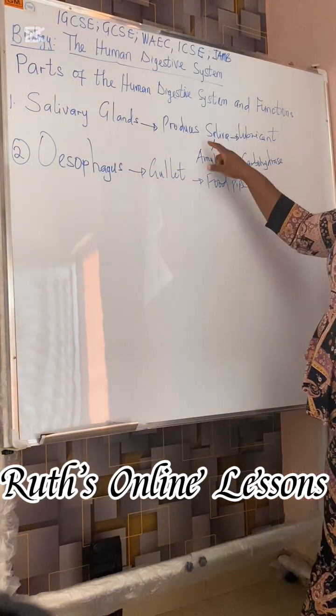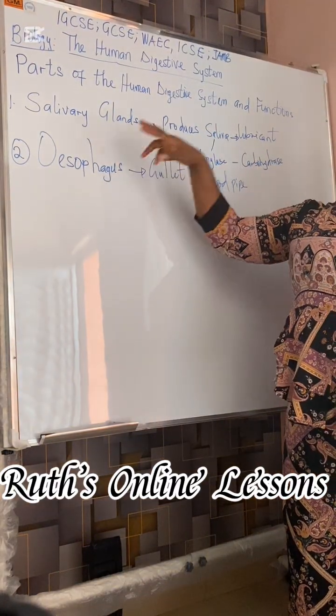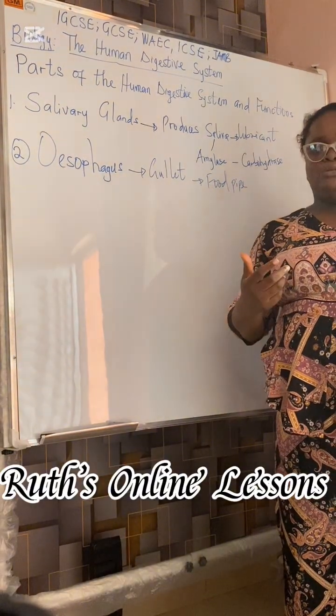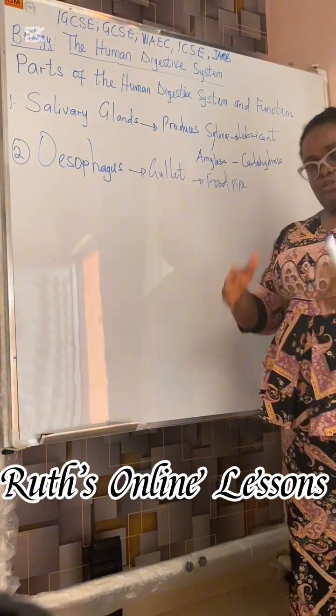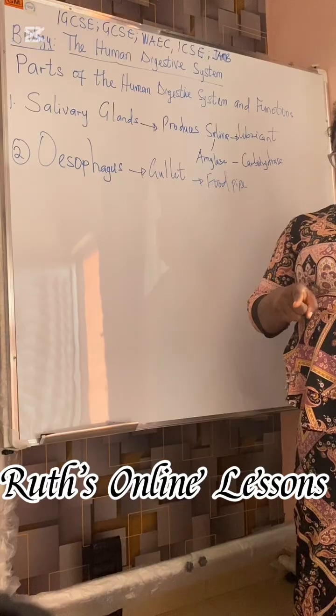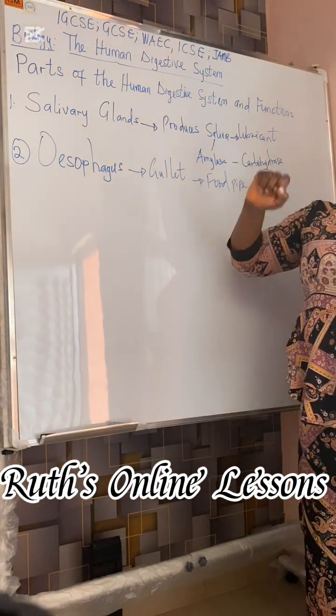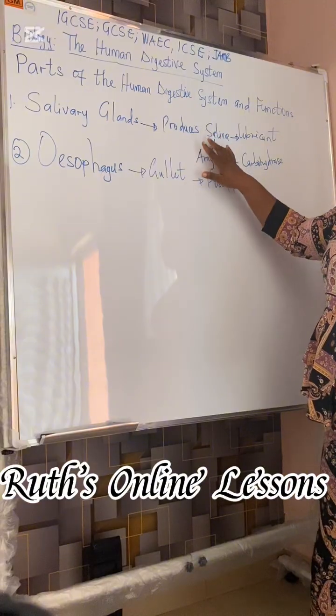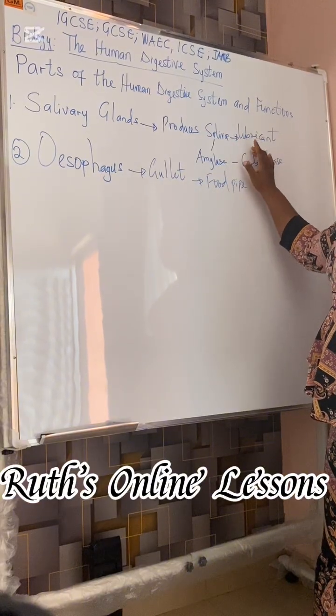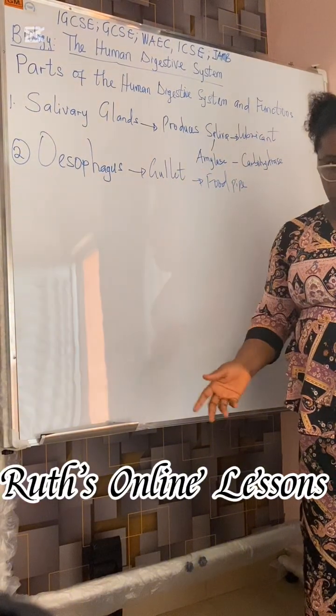And saliva that is produced by the salivary gland also makes it possible for the food to move down freely through the esophagus and into your stomach. So far, I've looked at the salivary glands. What did I say? It produces saliva. Saliva is a lubricant. It makes it easy for you to chew and swallow.